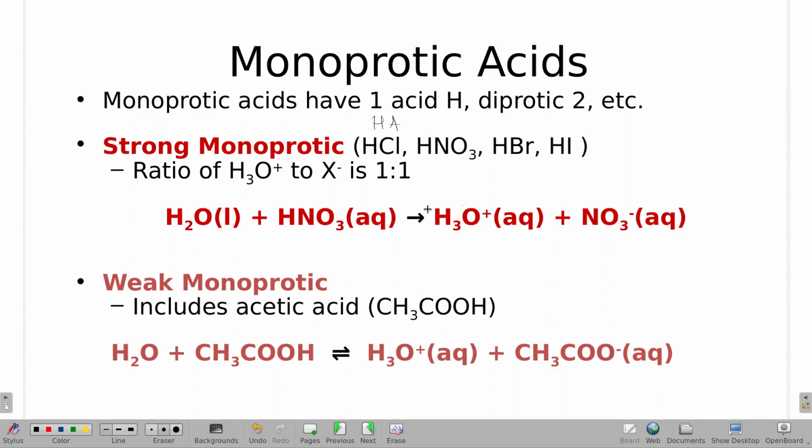And all of them will have a similar equation to what's written here. We'll be just changing whatever the A part is. And that happens on our strong acids and our weak acids. The only thing really different on a strong acid and a weak acid equation is the arrow. Strong acid has the one-way arrow. Weak acids have the equilibrium arrow, the two-way arrows.